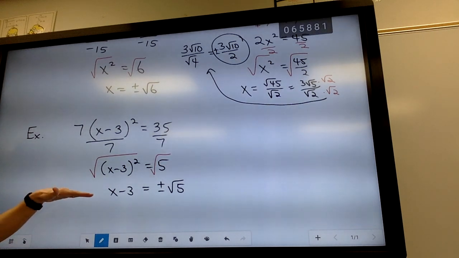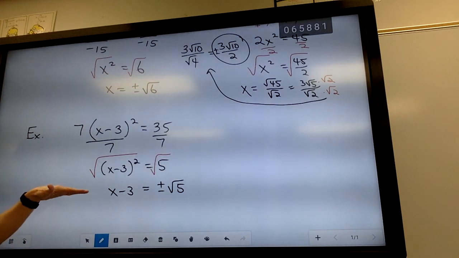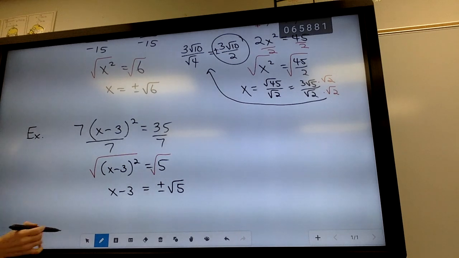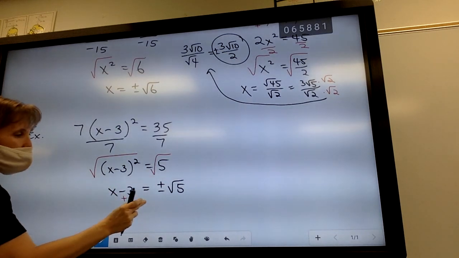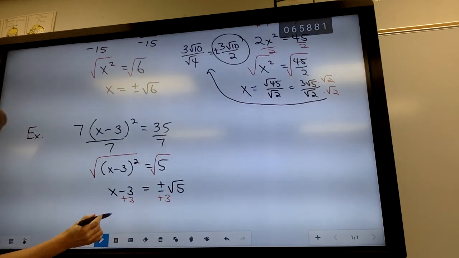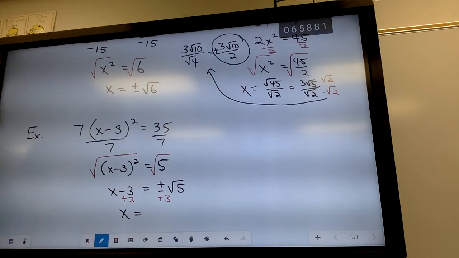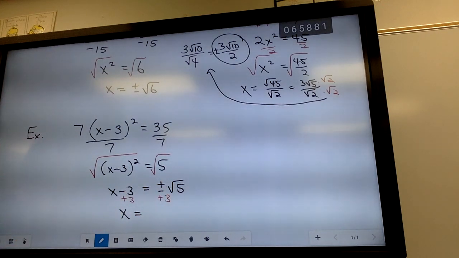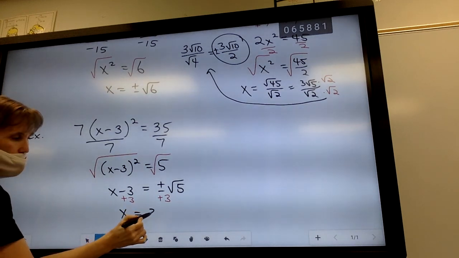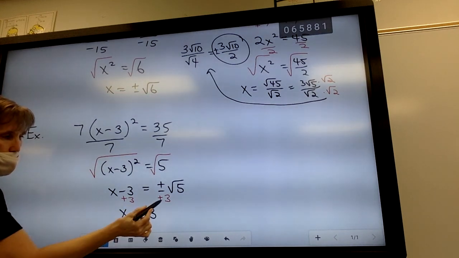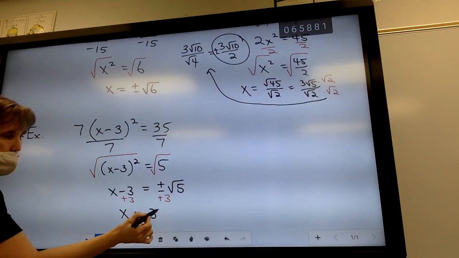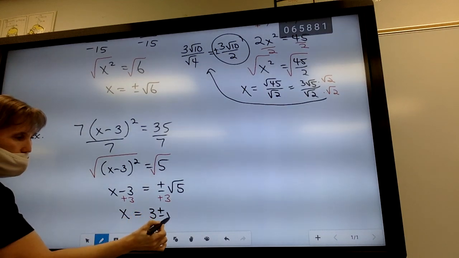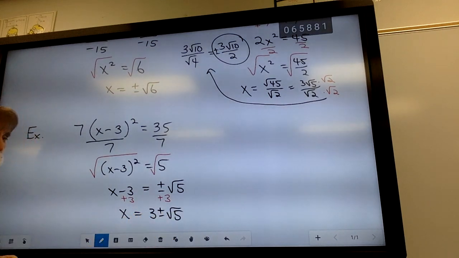Now at this point, you're not done, because x is not by itself. So you've got to add 3 to both sides, so that x is by itself. And the way that I write this, since we can't add a 3 to a square root of 5, is I put the 3 first. It's positive, so it's going to be a positive 3. And then you just say plus or minus square root of 5.